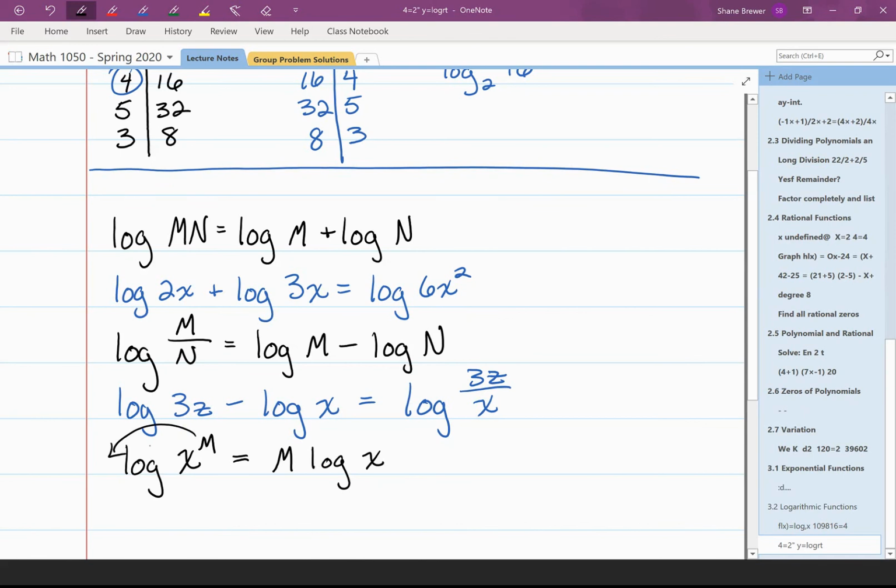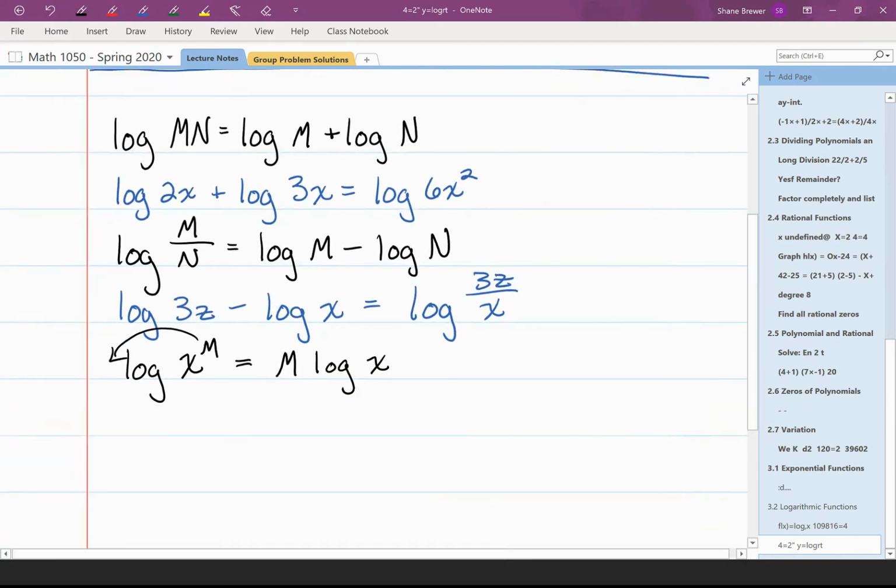Right? And so that gives us the ability to get rid of coefficients, which becomes really, really important to us when we're solving equations. So those are our properties of logs that we'll make use of.